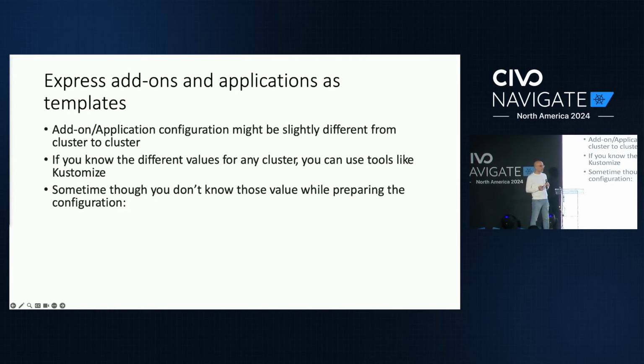For instance, you may want to deploy an application that needs to collect data in the cluster and upload those data to a bucket. Now, you don't know the bucket URL upfront, because you're going to deploy the bucket just before your application is deployed. So you do not know that information upfront. So how can you solve this case?